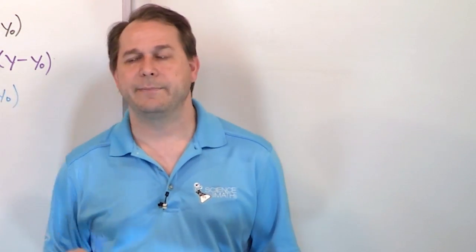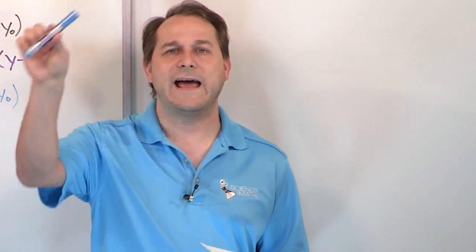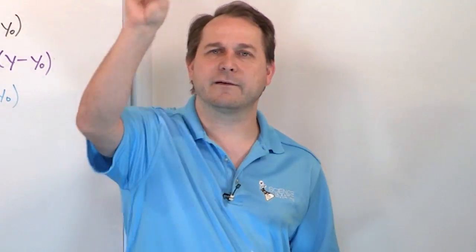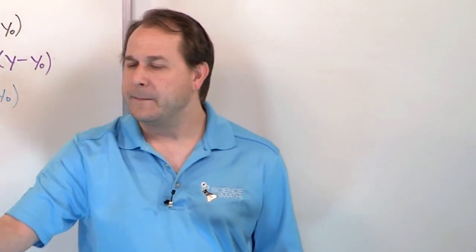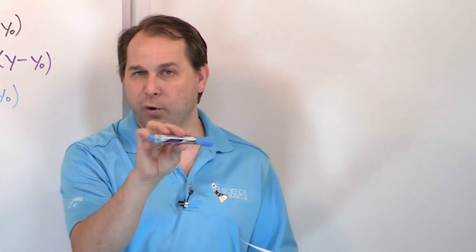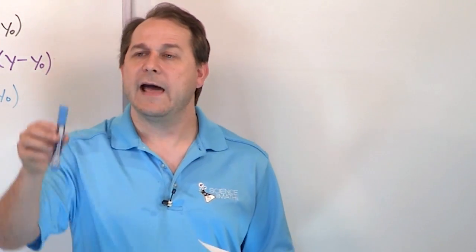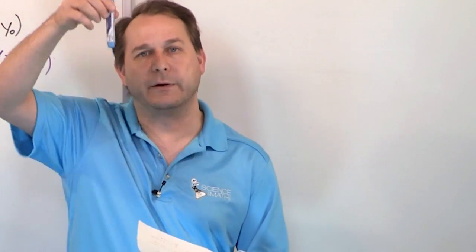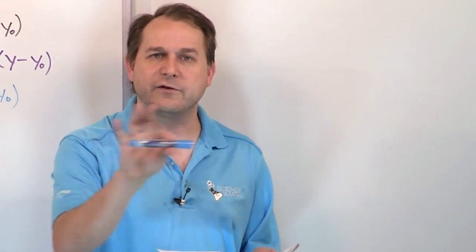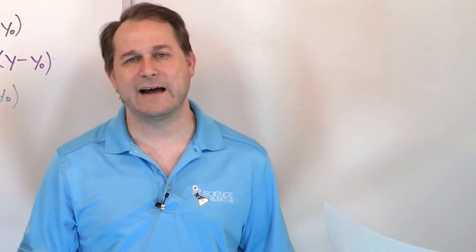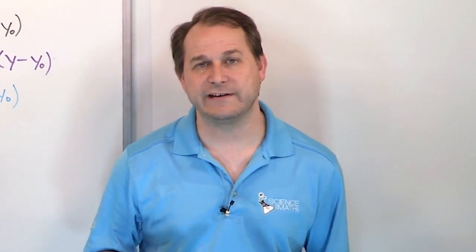And then the roadmap is, after we master this, we will tackle things that go in a curved path, like throwing a baseball. Anytime you throw a baseball, or a football, or a basketball, this curved motion can be broken up into a horizontal component and a vertical component. We already know how to tackle horizontal motion, so once we master vertical motion, we'll put them together and make curved path motion. That's how we get to what we call projectile motion down the road.